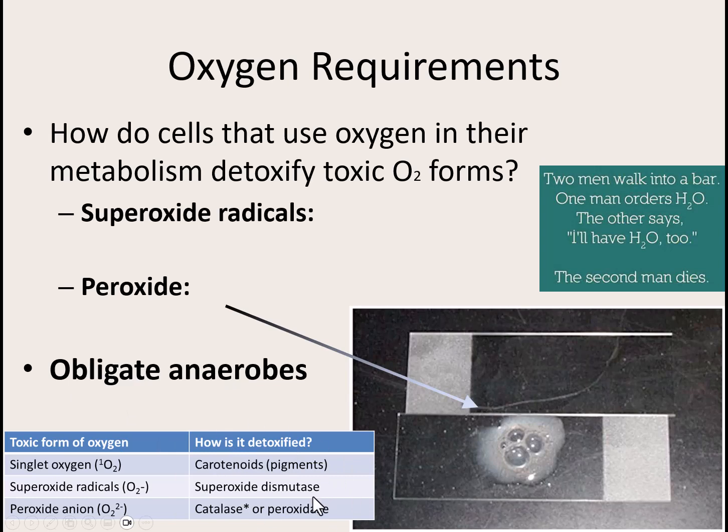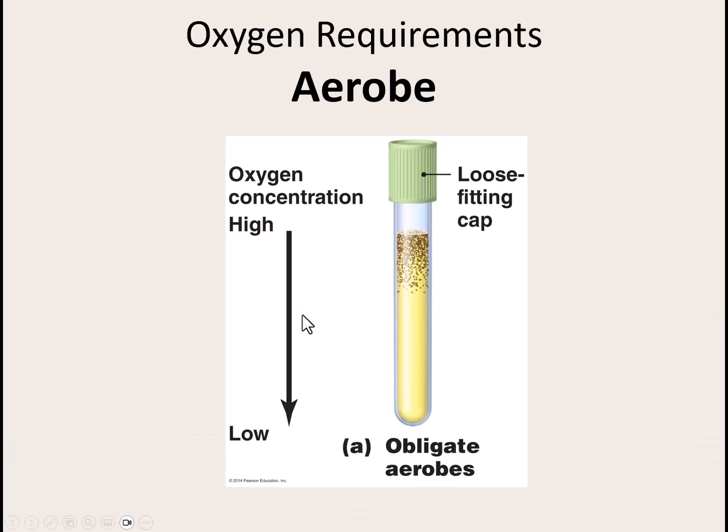They cannot survive in an oxygen environment because if they're exposed to oxygen, it will form toxic forms and it will kill them. So an obligate anaerobe has to live in a zero oxygen environment because those toxic forms of oxygen will kill them.